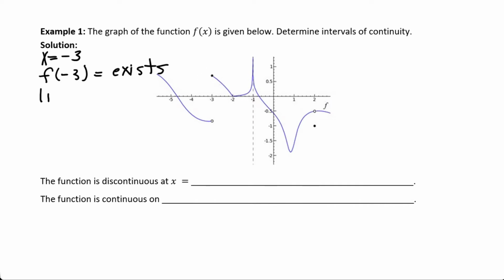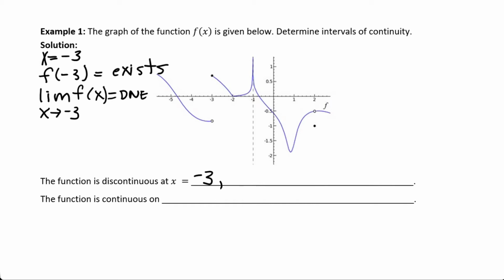Now, the issue though is if we look at the limit as x approaches -3 of f of x, we notice that it does not exist, because the left-hand limit and the right-hand limit are not the same, even though they each exist. So we know that because it doesn't meet the definition of continuity, which also coincides with what we visually see, the function is discontinuous at x equals -3.